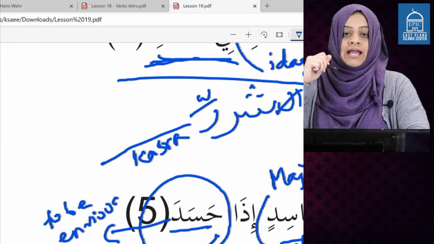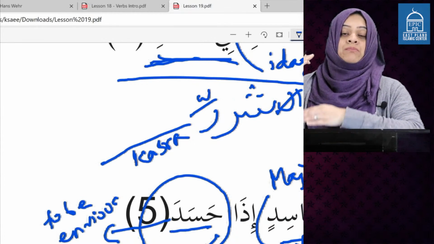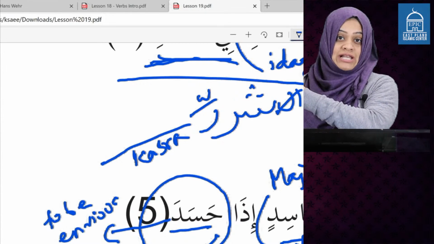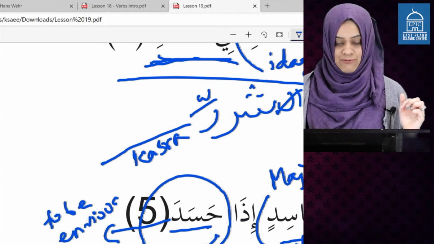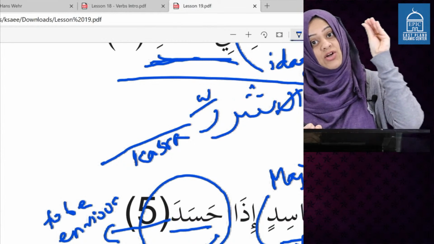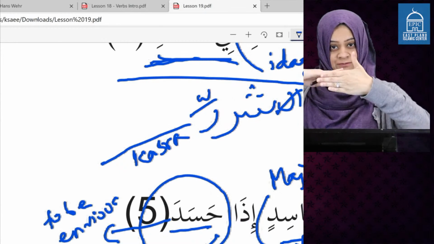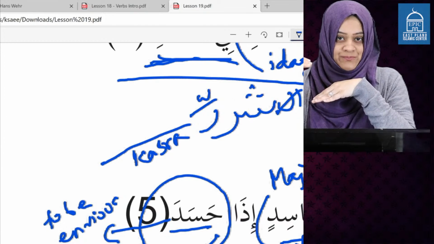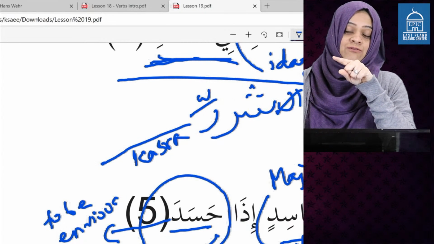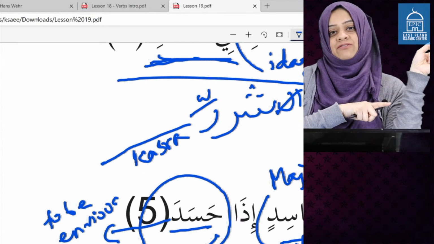Now, I'm translating it as, and from the evil of the jealous person when he envies. Where am I getting my 'he' from? Hasada sits where fa'ala sits on the chart, and if I lift the veil where fa'ala sits, who's sitting there? Huwa. Okay? So from the evil of the jealous person when he is envious, right?